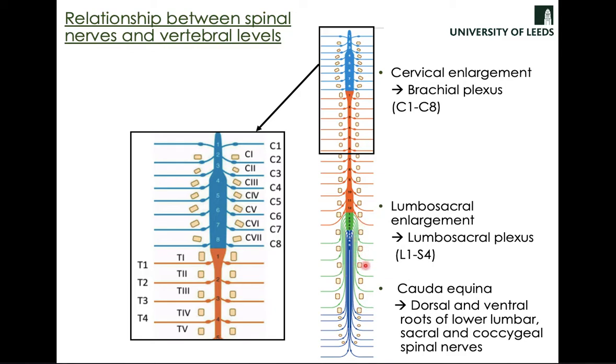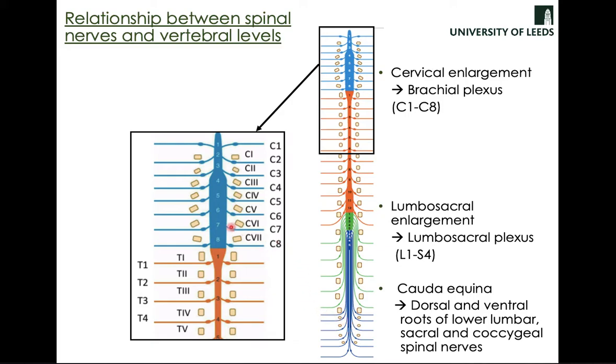Okay, so even though the spinal cord ends at L1, L2, those nerves that are going to leave the sacrum, they still extend and leave respectively in the sacrum. Okay, so that cauda equina contains the roots of the lower lumbar, sacral, and coccygeal nerves.